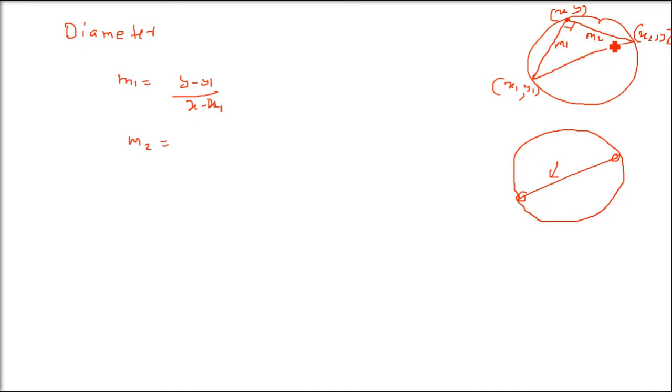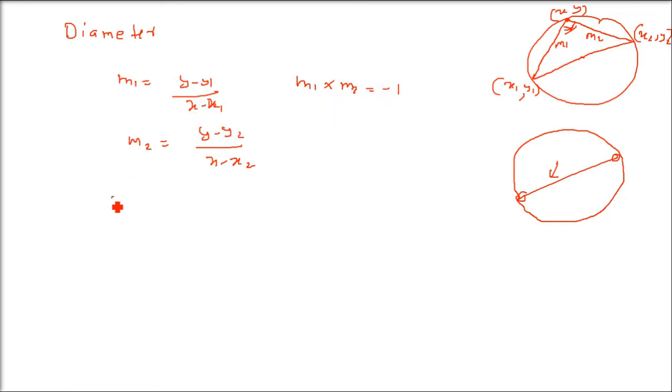What about m2? Here we have y minus y2 by x minus x2. The angle is 90 degree. So you just multiply m1 into m2 equals -1.